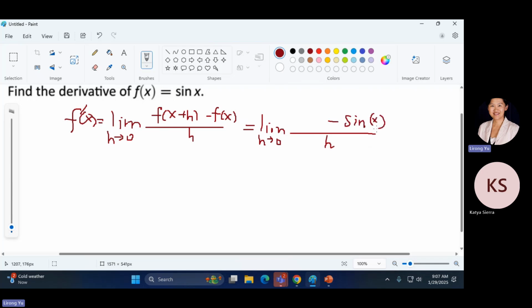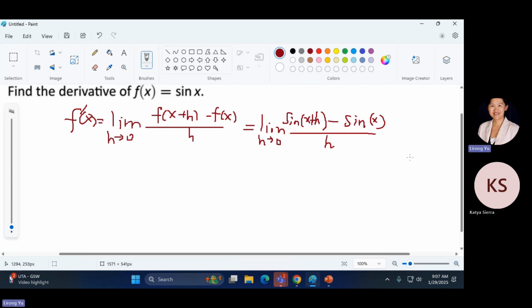That's the minus f of x. And then for f of x plus h, in the f of x you replace x by x plus h. So instead of sine x, now we have sine of x plus h.